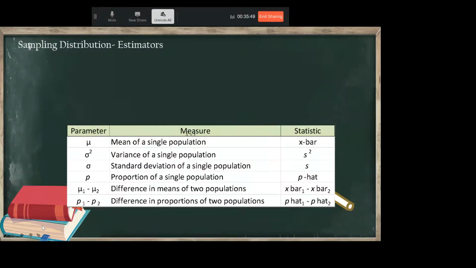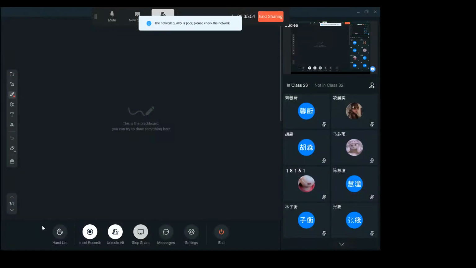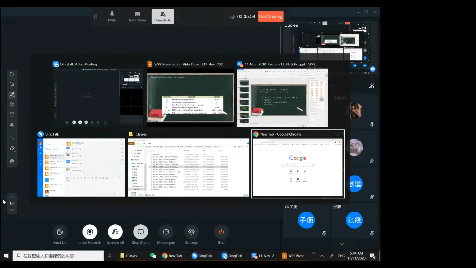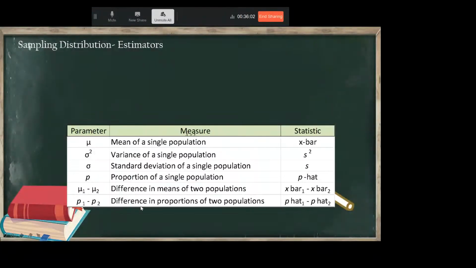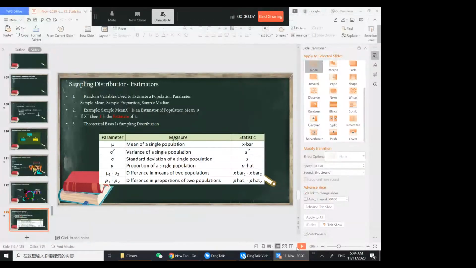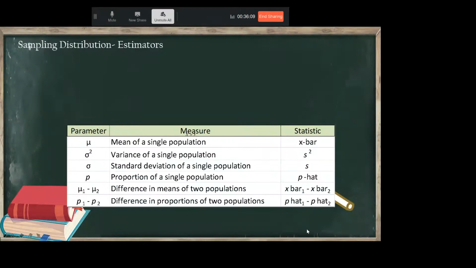So what are the estimators? You should know about all the estimators, right? Estimator is a formula.